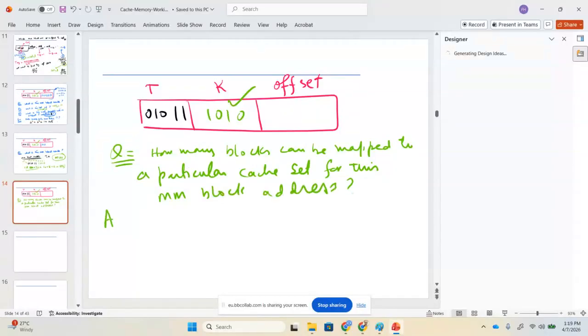This may be the question in exam. Anyone? I'm expecting an answer from you. You mean in one set? How many blocks can be mapped to a particular set, any set?